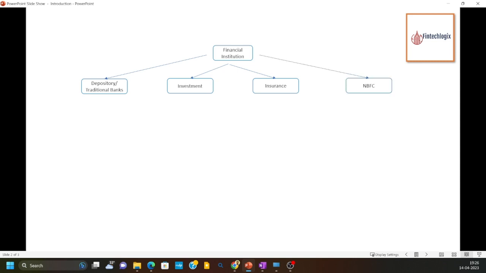The fourth one, or basically those who do not come under any of these categories, can be called non-banking financial companies. They serve different kinds of purposes, but these are not necessarily banks, right? So let's get into a little depth of each of these.